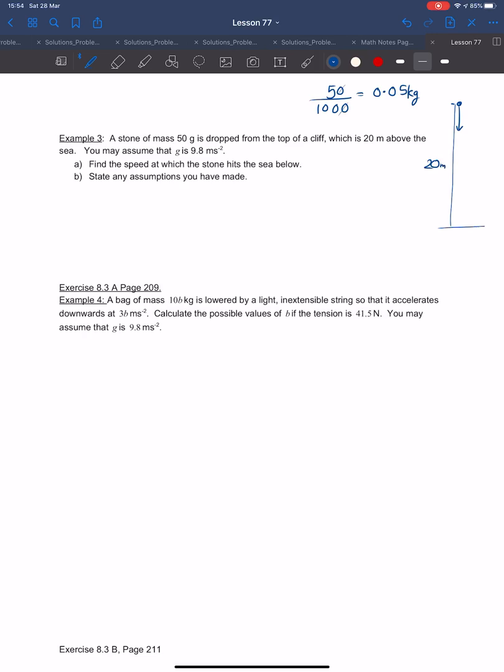That's 20 metres. This has got mass 0.05 kilograms, and the acceleration due to gravity is 9.8 metres per second squared. Find the speed at which the stone hits the sea below. Okay, so A, starting speed is 0.